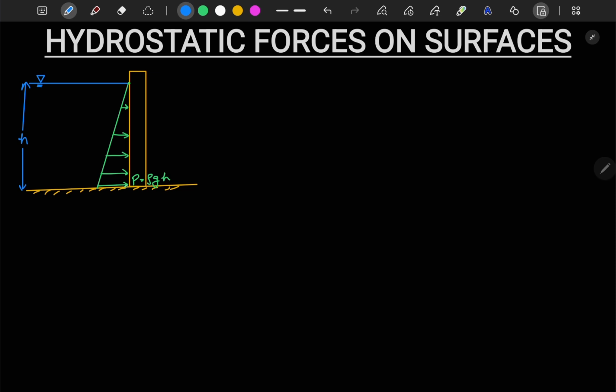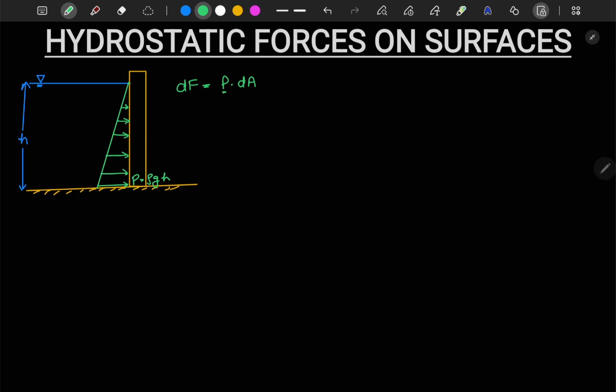So P is equal to rho g h is the pressure at the bottom. From here we can say that the pressure is not constant, it is varying, and hence the hydrostatic force acting on the surface will be distributed over the surface. We know that force is equal to pressure times area, and for a small component of force we can write P times dA.